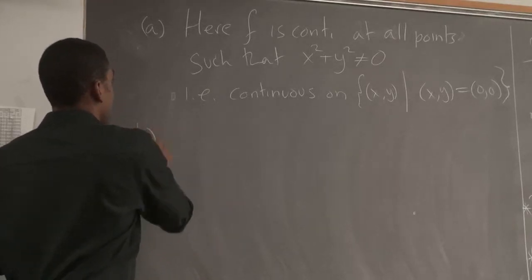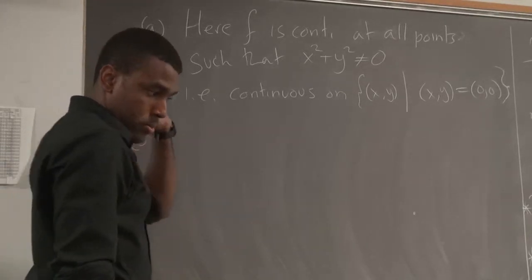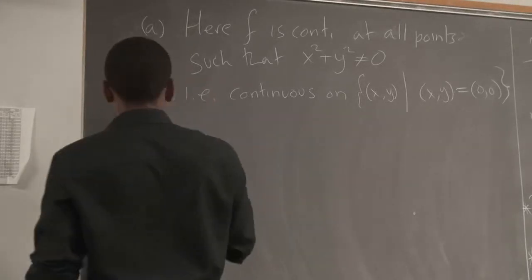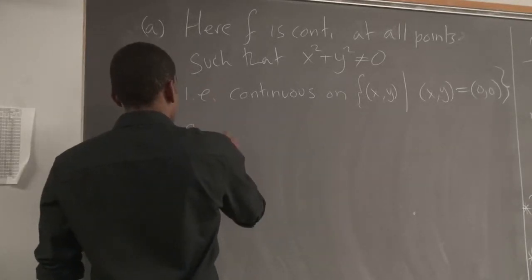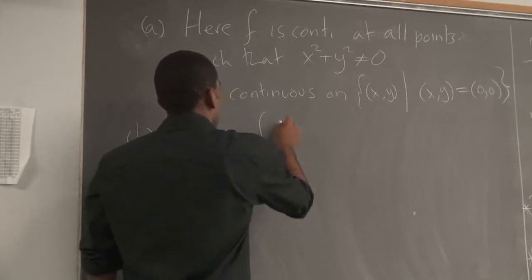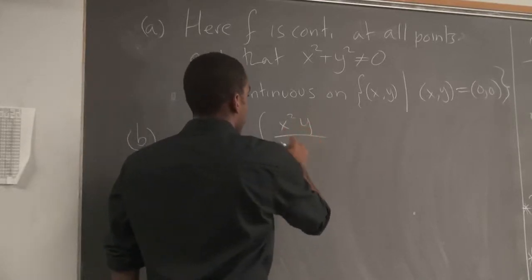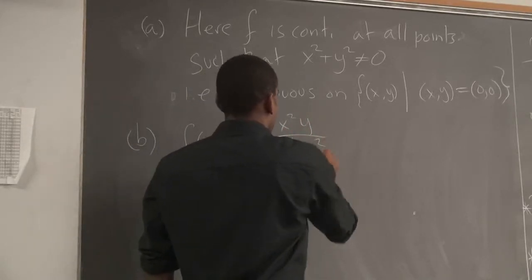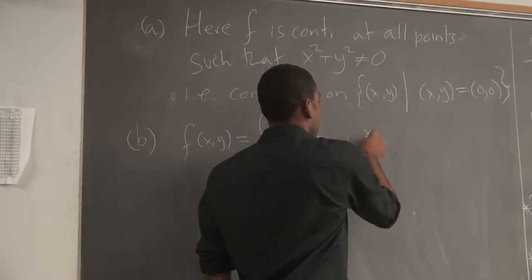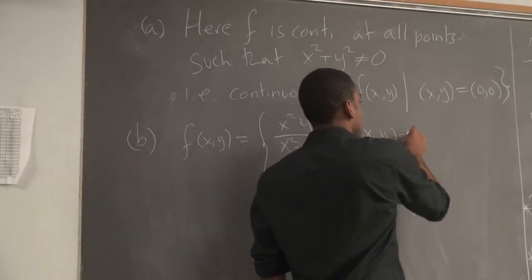What about part B, though? It starts out similarly enough. It's the same function when you're not at the origin, but then at the origin I define it to be something else. Where is that continuous?